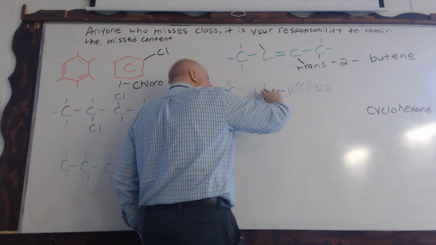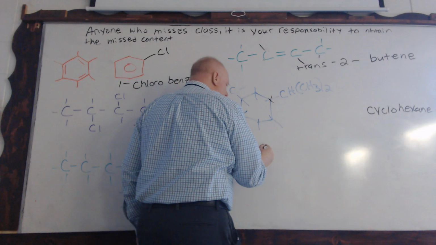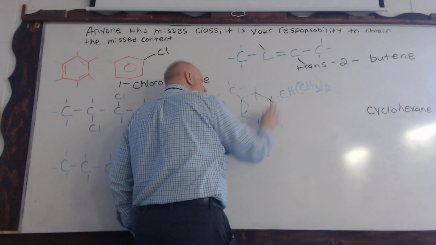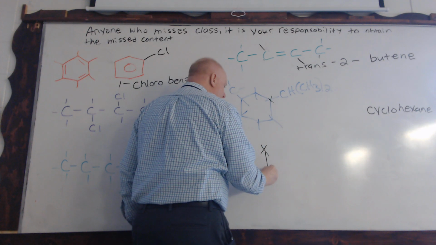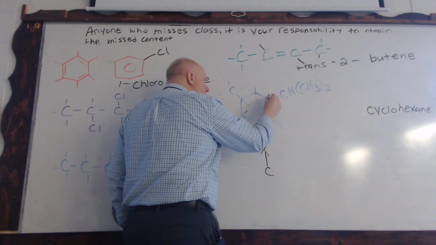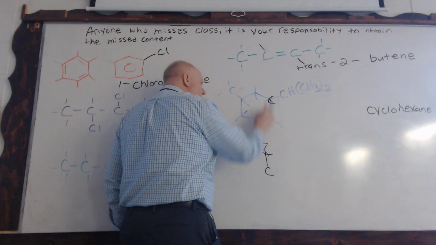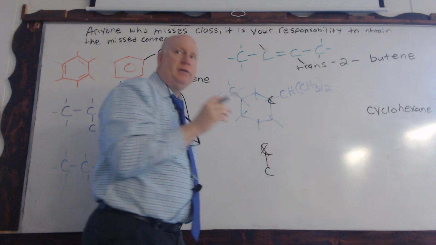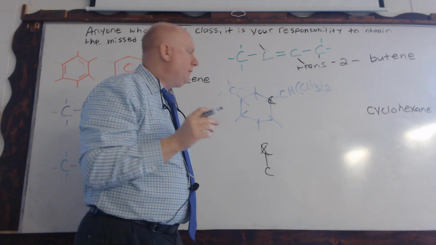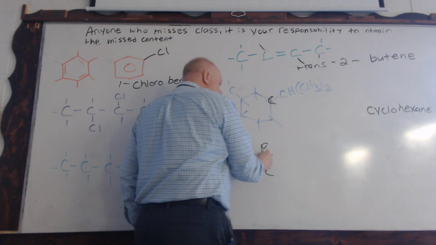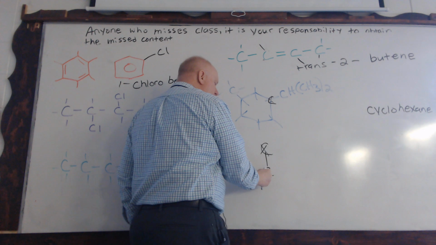So if we were to maybe turn this just a little bit, here's your X. That's making a carbon-to-carbon bond. So this carbon's here, this carbon's here. Do we follow so far? Yes. Okay. So then this is a carbon-to-carbon bond, just like this is a carbon-to-carbon bond.